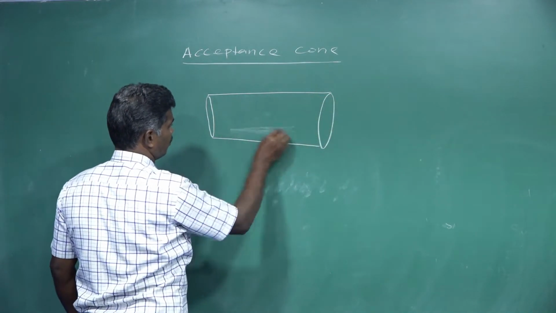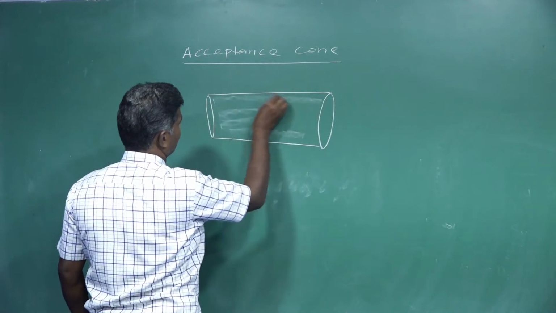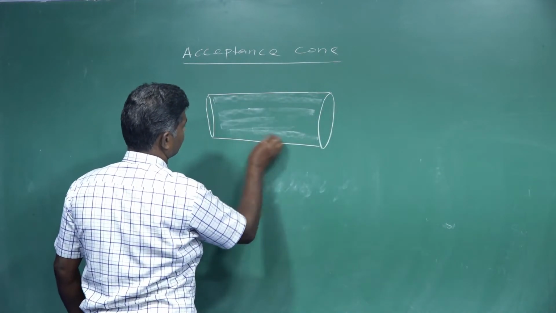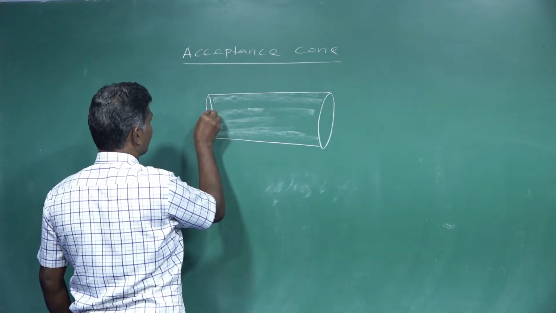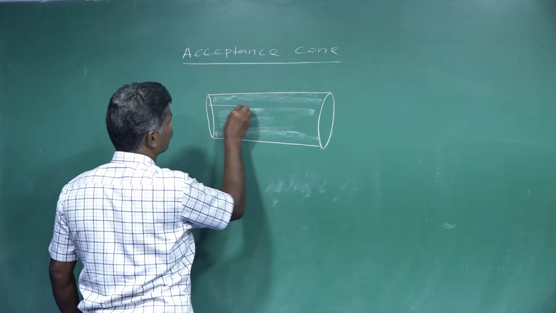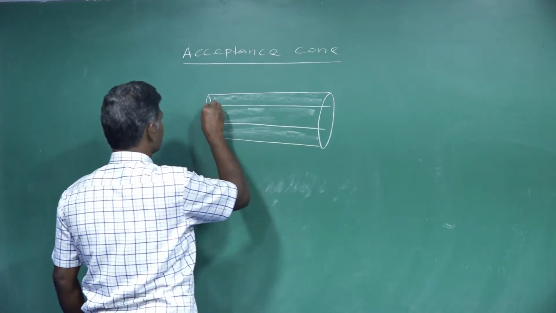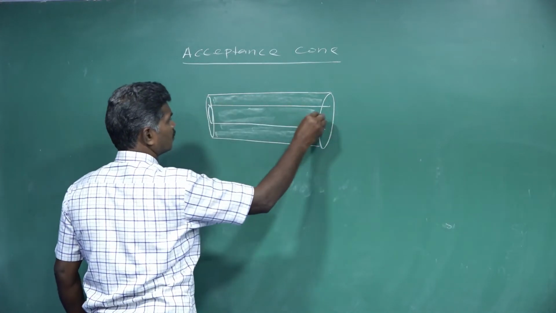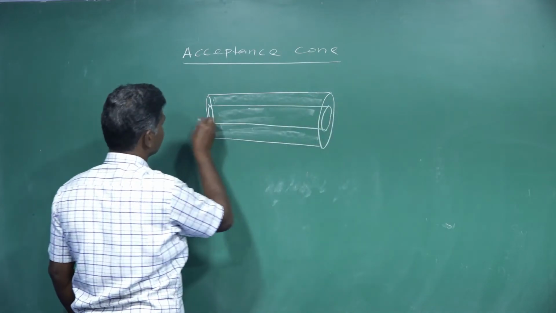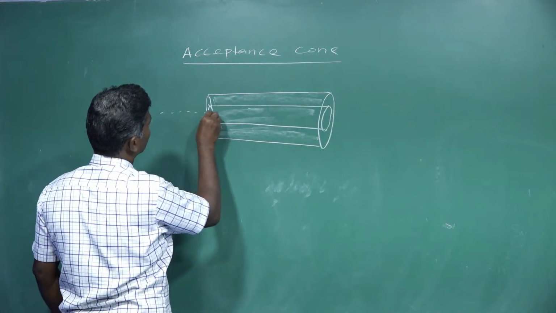This is the fiber cable fully. But we have two mediums: the core medium and the cladding medium. There we have an axis also, the axis of the fiber.